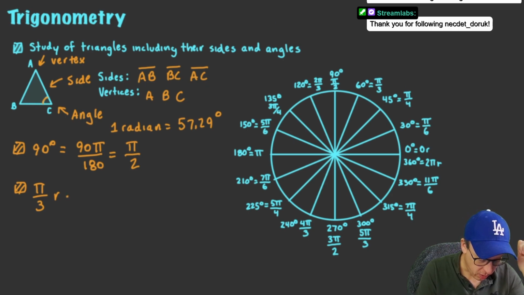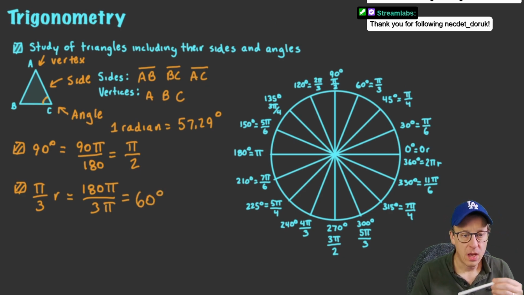This is going to end up being equal to 180 pi over 3 pi. And the pi's are going to cancel each other out, and you're going to get a final value of 60.